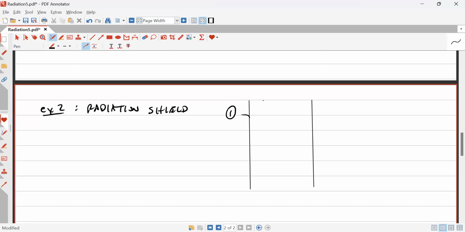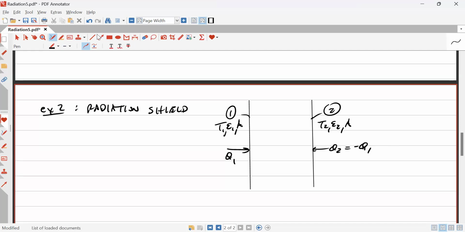So here's surface 1, and there's a value of Q1 going into this. And surface 1 has T1, a value of epsilon 1 and A, where A is a very large value. Over here is surface 2. Same deal, you have a T2, epsilon 2, and A. And then there's a Q2 coming in here, which again is just going to be minus Q1.